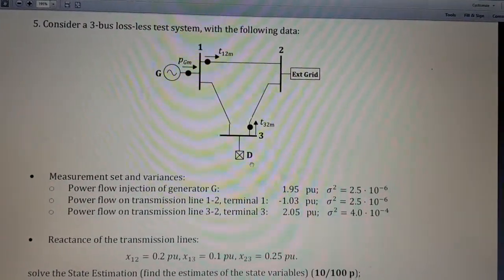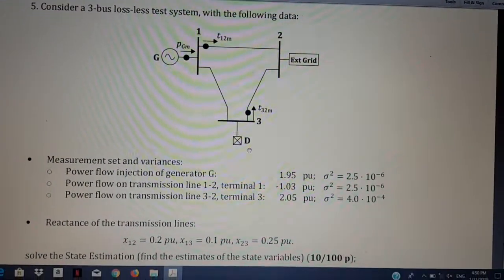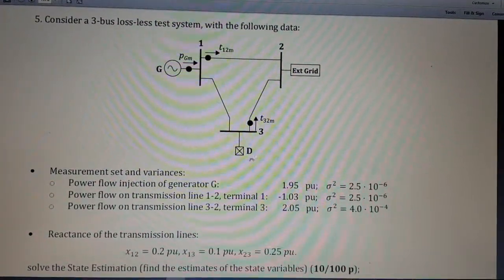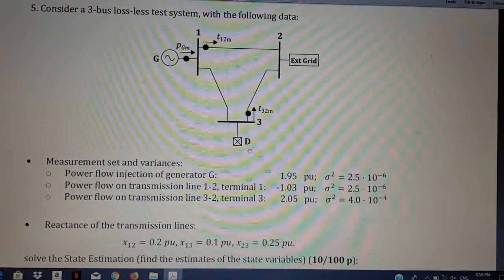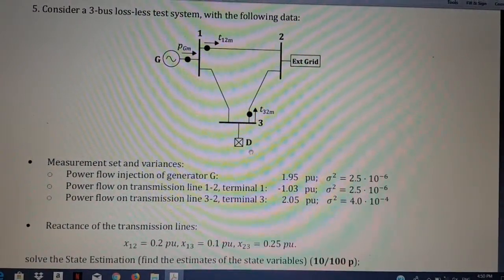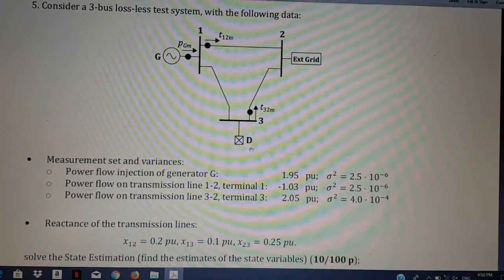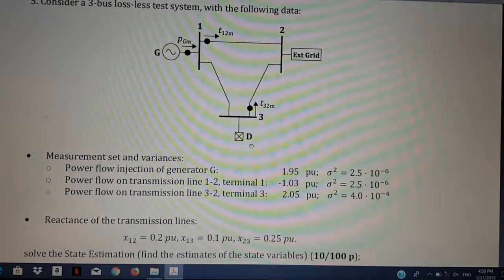We will do the example of state estimation, mostly linear estimations. In this example, a 3-bus lossless test system is given with the data given.